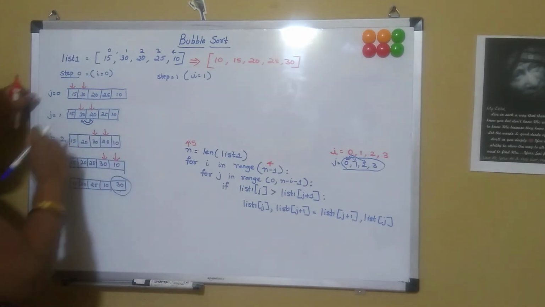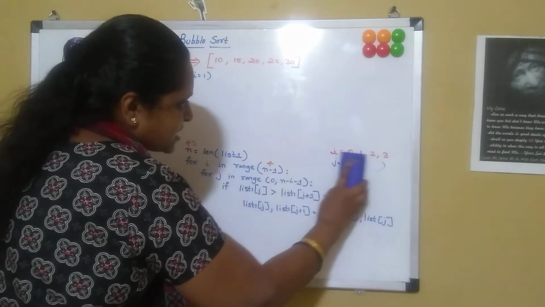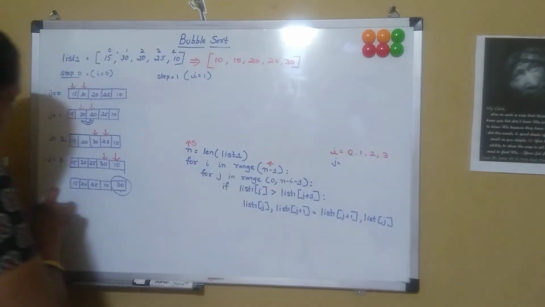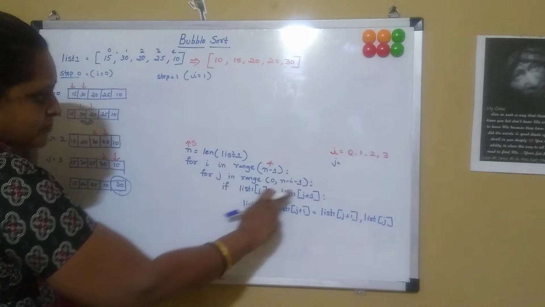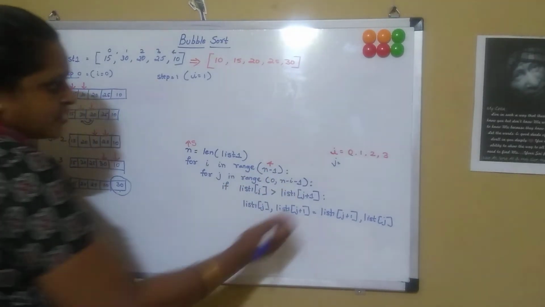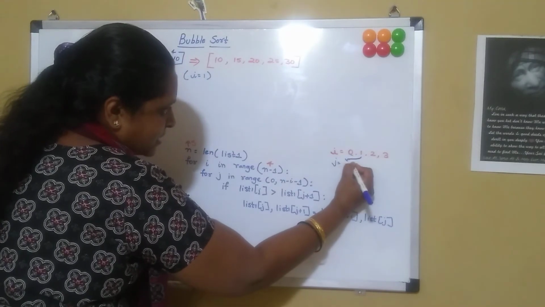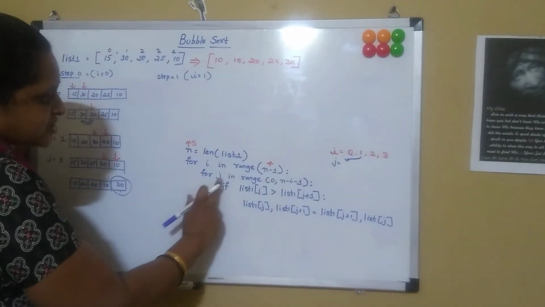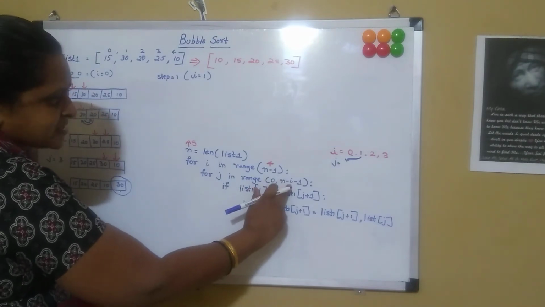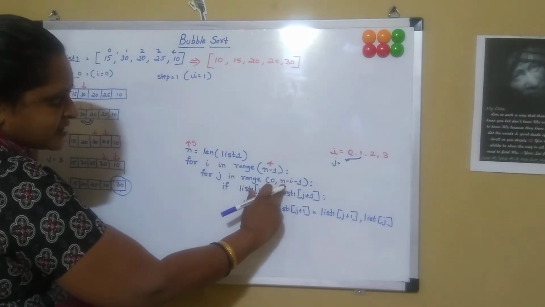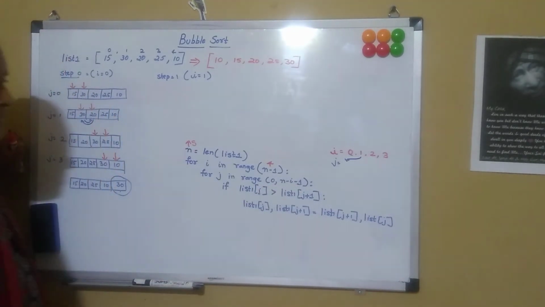So now when i equal to 1, so this was for i equal to 0. Now for i equal to 0, my jth range has completed its iterations. Now it will go to i equal to 1. So when i equal to 1, our jth value ranges from 0 to n minus i. n minus i is n minus 1, that is 5 minus 1, 4 minus 1, that is 3.